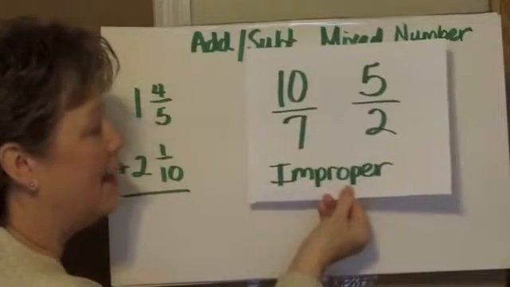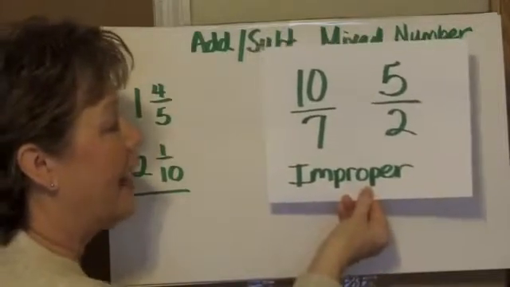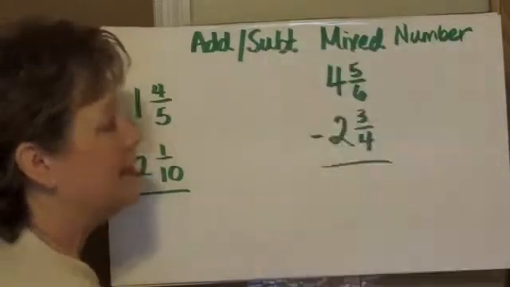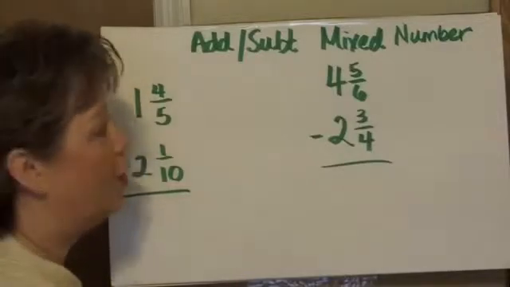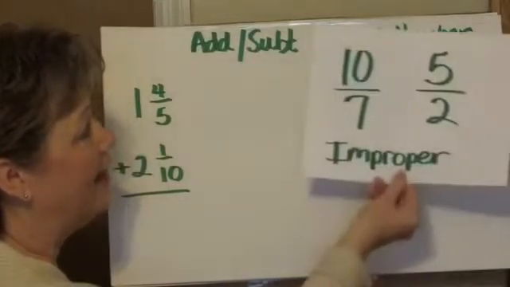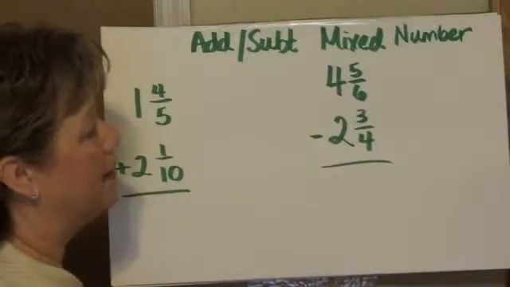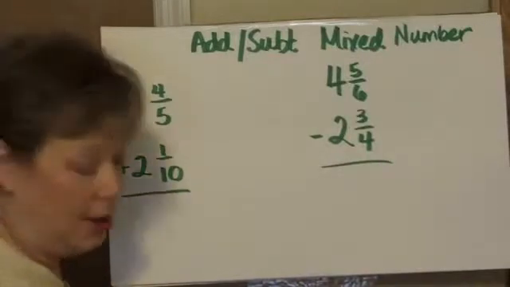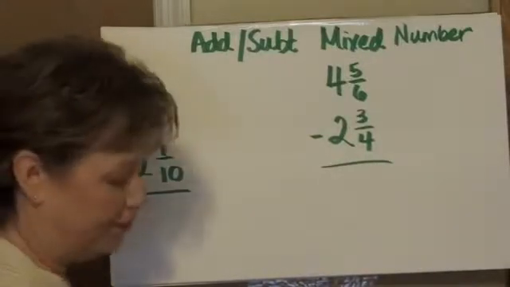Now that can be changed, and that can become a mixed number. So an improper fraction becomes a mixed number, or a mixed number can become an improper fraction.